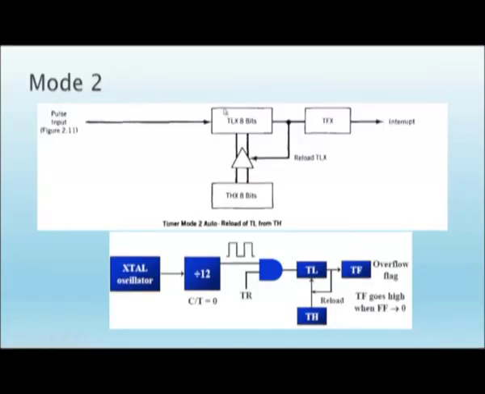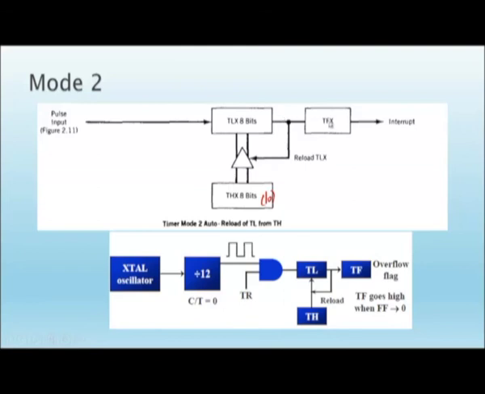Another one is mode 2, here the pulses are given, right. Already we discussed the data will be loaded only in the TH register. Suppose I am loading the value 10, then the 10 is loaded in TH, and it is moved to the TL register, and only the process is repeated here. The 10 becomes 9, then 8, 7, 6, 5, 4, 3, 2, 1, then 0.